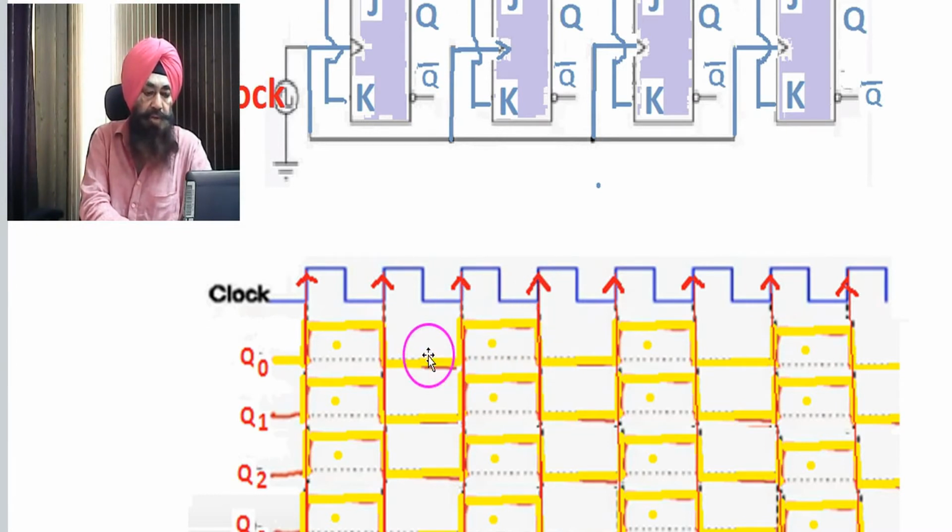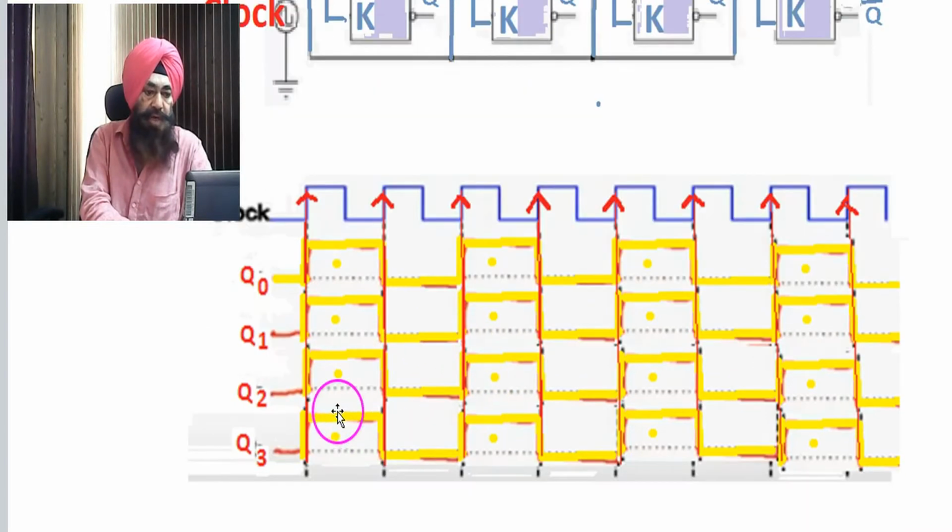So it's toggling. Now Q1 is also toggling with the same clock. Q2 is also toggling with the same clock. And Q3 is also toggling with the same clock. Now this is not the counter because Q0, Q1, Q2, Q3 all have the same value, like 0, 0, 0, 1, 1, 1, 1, 0, 0, 0, 0, 1, 1, 1, 1.